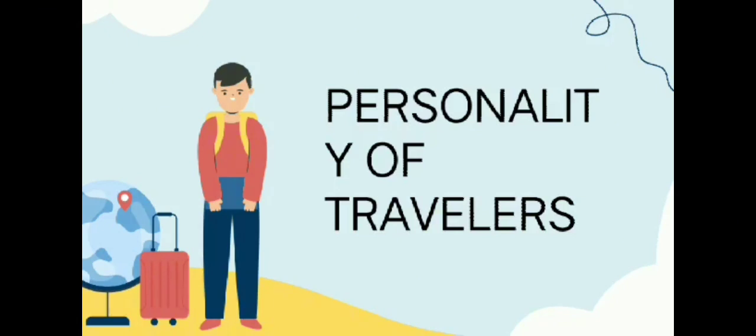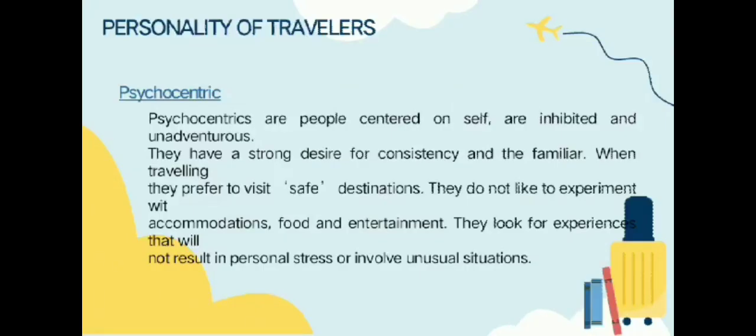So, what are the different personality of travelers? We have the psychocentric, allocentric, and the mid-centric. So, psychocentric is a type of personality of travelers who are not willing to take some risk. They are more focused on their safety. This type of travelers is also known as the repeaters.